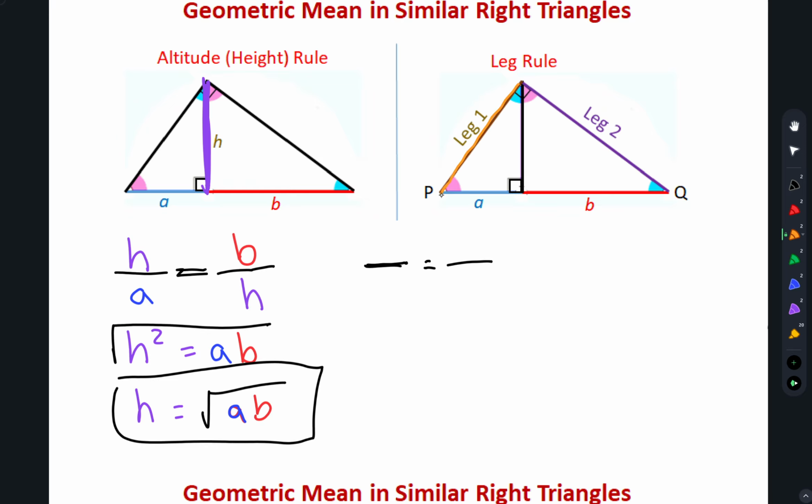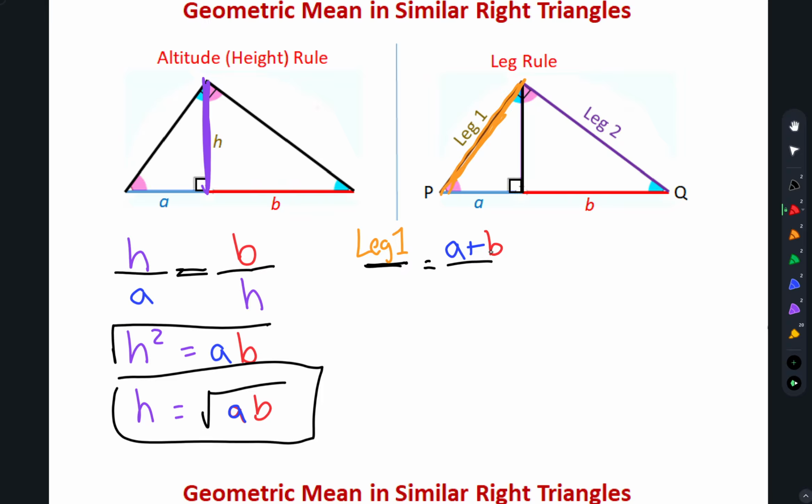Let's call this leg 1 here. So maybe I'm trying to find leg 1, or maybe I'm trying to find parts A or B. Then my formula will say leg 1 is the hypotenuse of my small triangle, and the hypotenuse of my large triangle is A plus B.